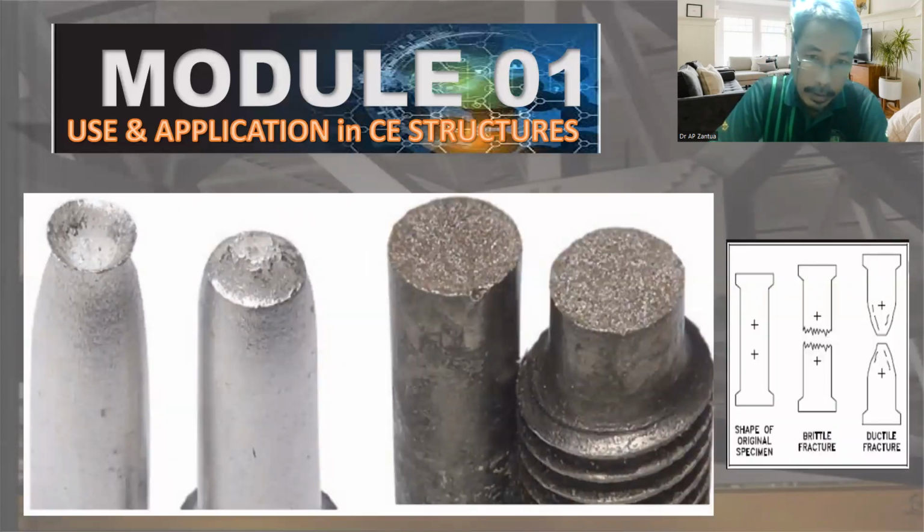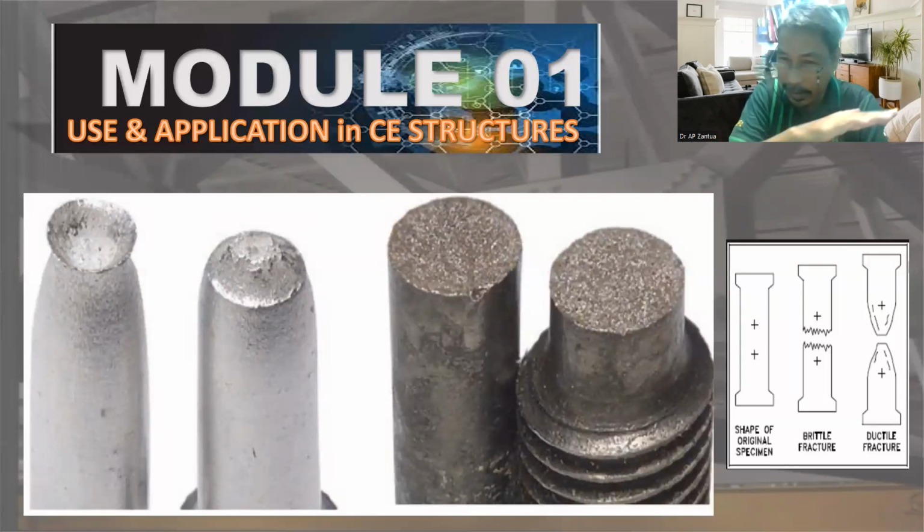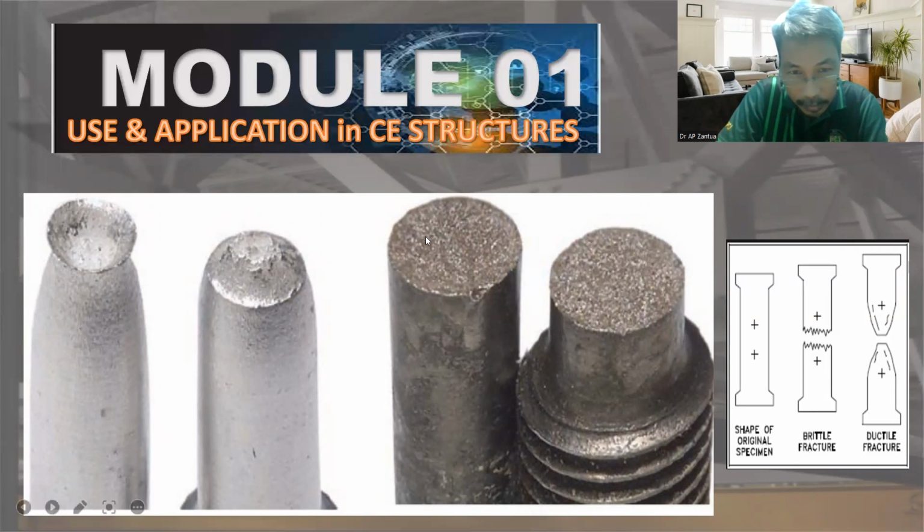So we can compare what we can expect if one is brittle and one is ductile. This one breaks uniformly, not a beautiful surface of course, but almost uniform.